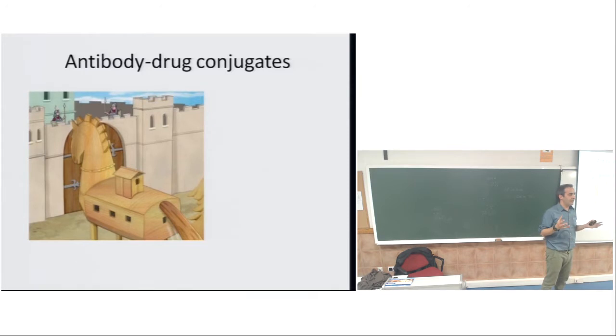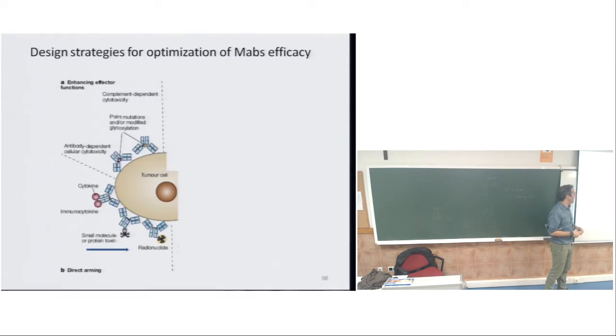So that's kind of the same concept. We have the monoclonal antibody, and inside there is a drug, and the drug will be active only when internalized into the cell.